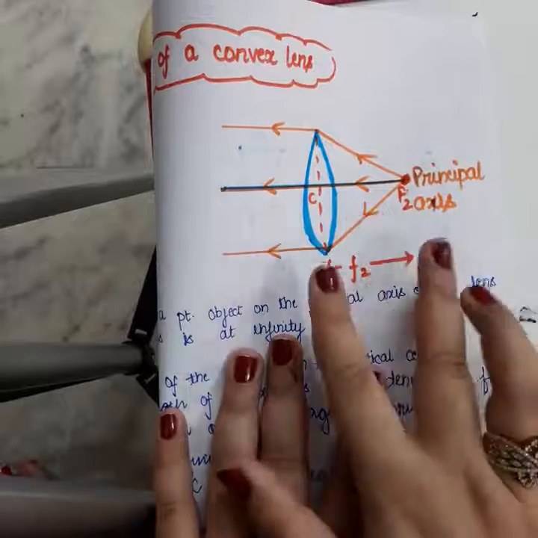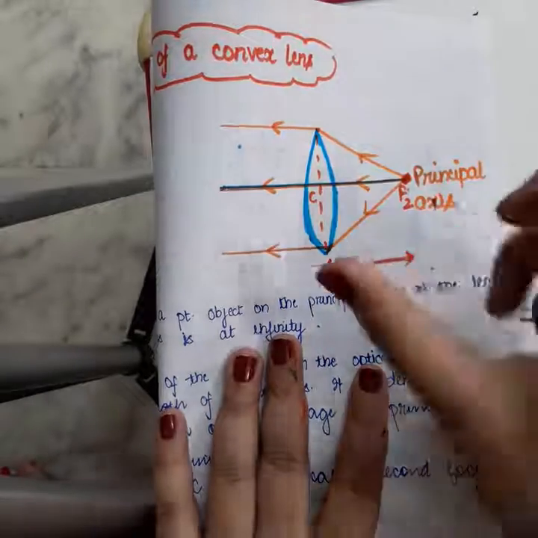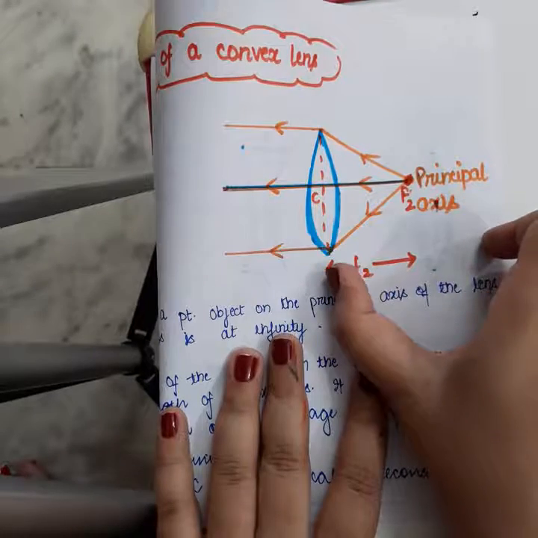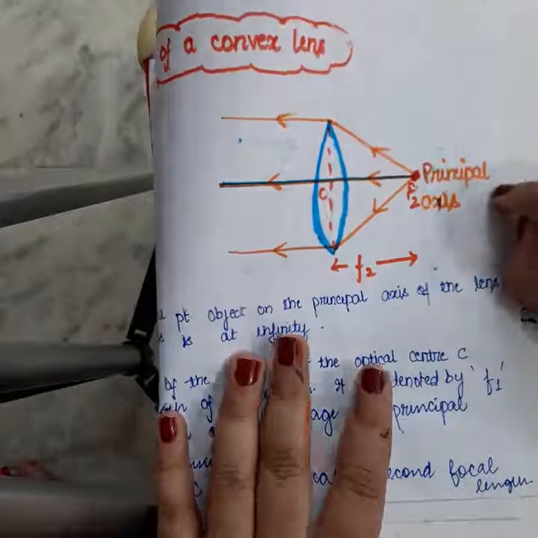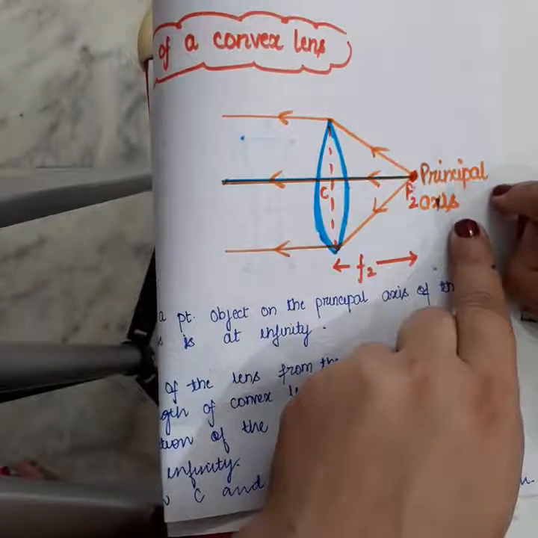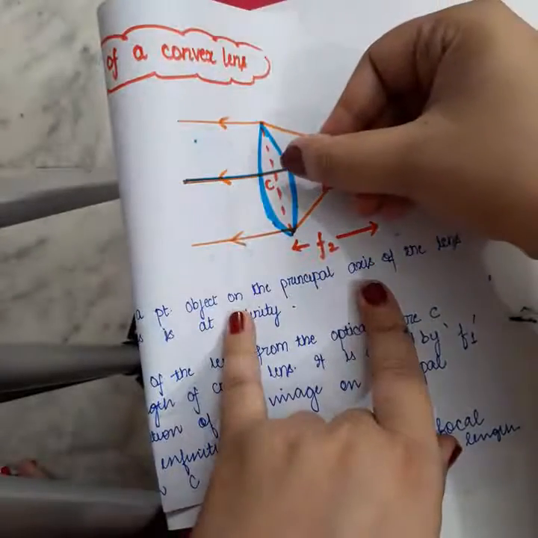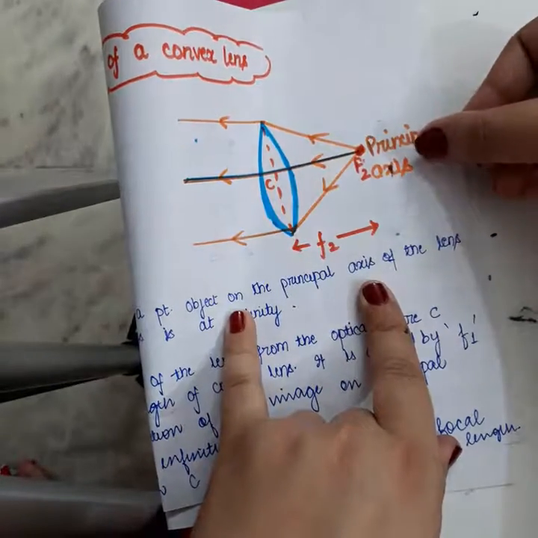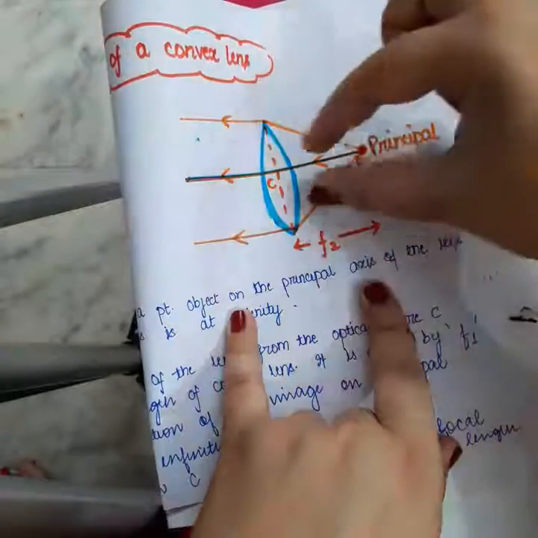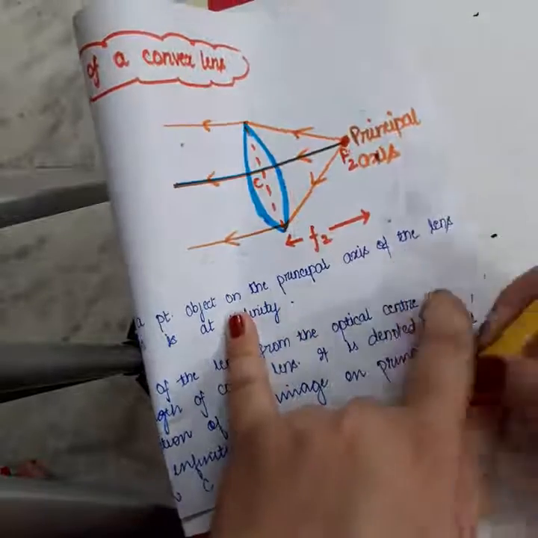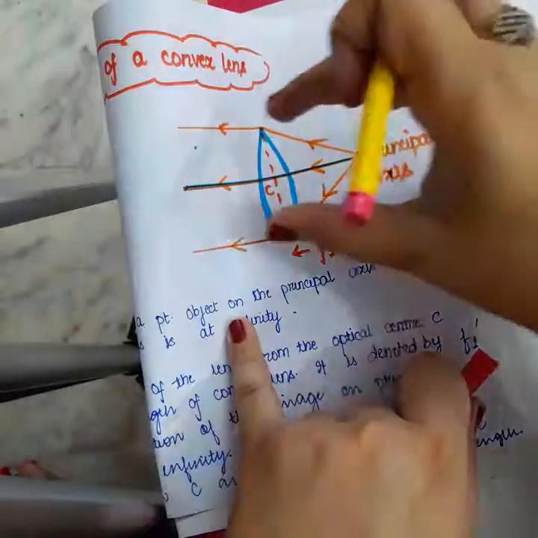Now suppose the value of this focal length was a little more. Okay, if the focal length was this much, it would have meant that these light rays would have converged at this point, because focal length is the distance between the optical center and focus. The focus is the point where the rays converge. So what do you think?